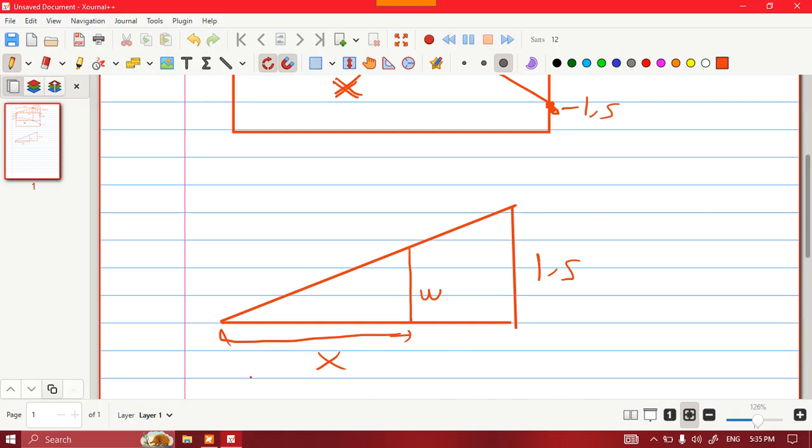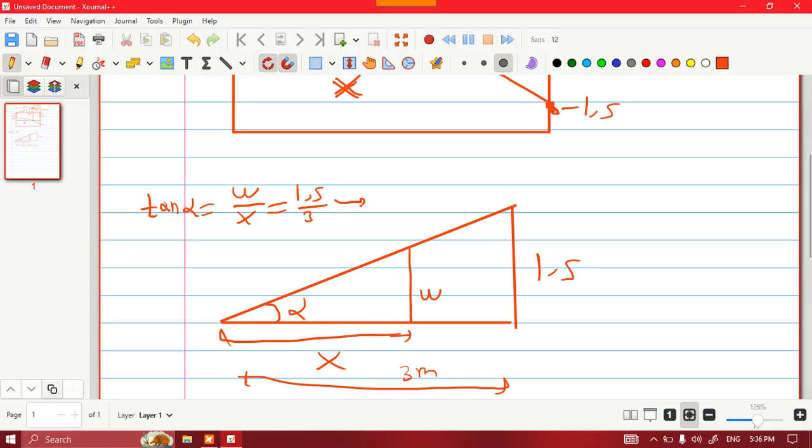The whole distance is 3 meters. So I can use similar triangles. The slope alpha at W is the same as the slope at 1.5. So tangent alpha is W over X, opposite over adjacent, equal to 1.5 over 3 meters. Then I found a relationship between X and W: W will be equal to approximately 0.5X.